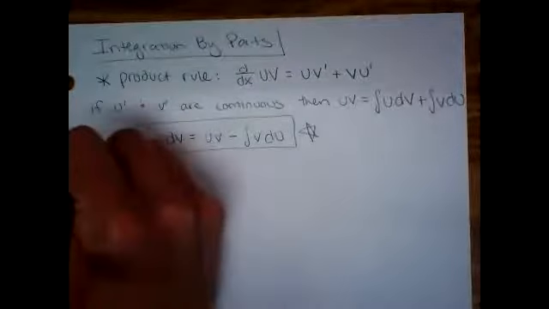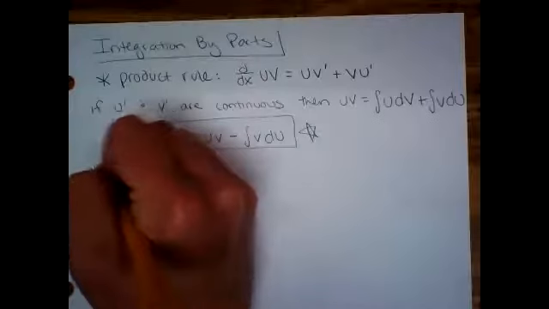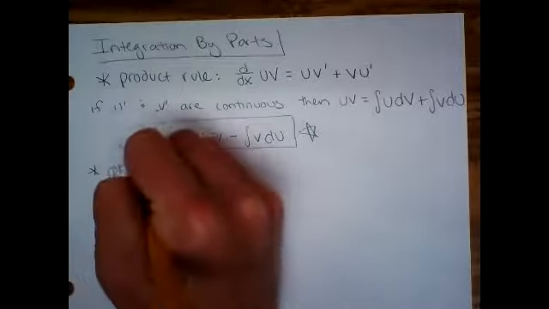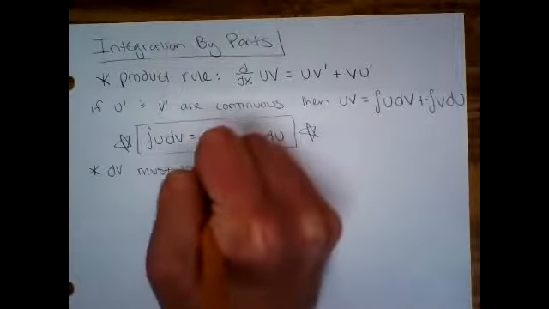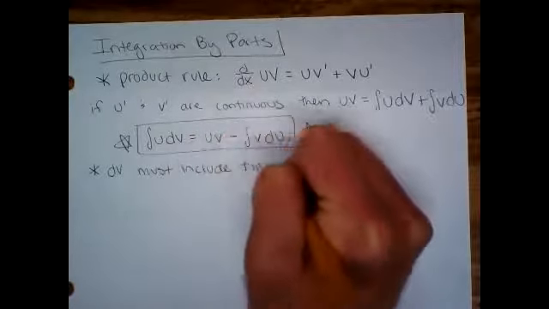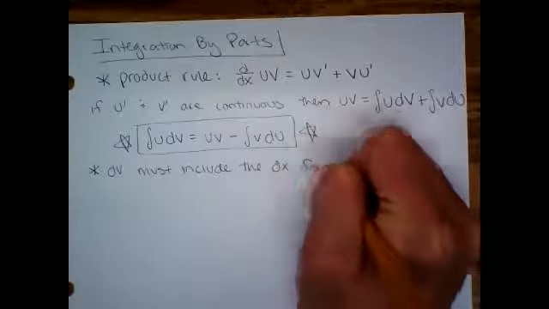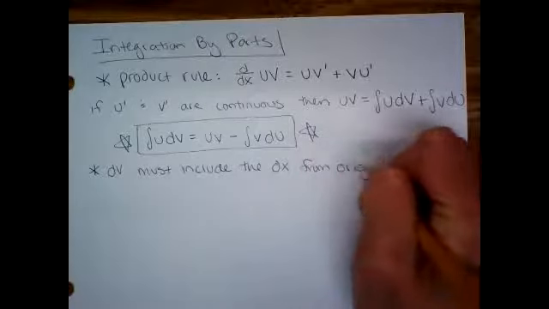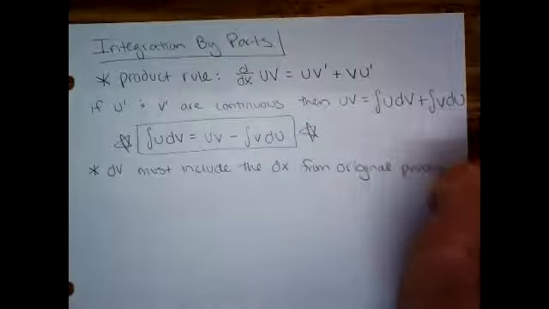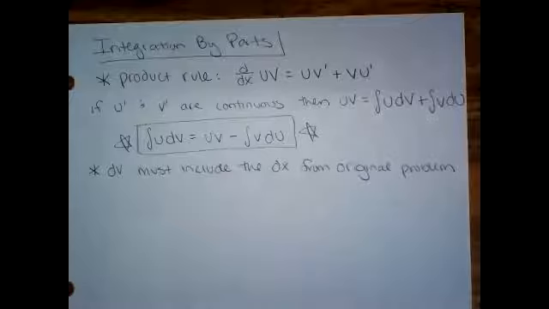The other thing I want to say before we try a problem is dv must include the dx from the original problem. So whatever you let dv equal, that has to include the dx from the original problem.